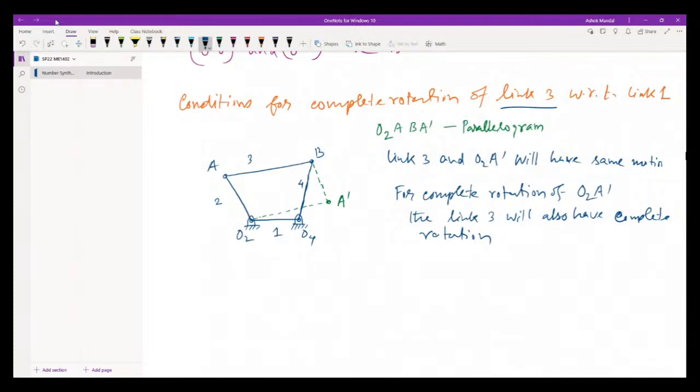And now if you just draw all those extreme configurations with link 1, maybe this is a configuration, this is A1, and similarly you can get other positions of other links. You can also have another configuration where this is the position of A dash.